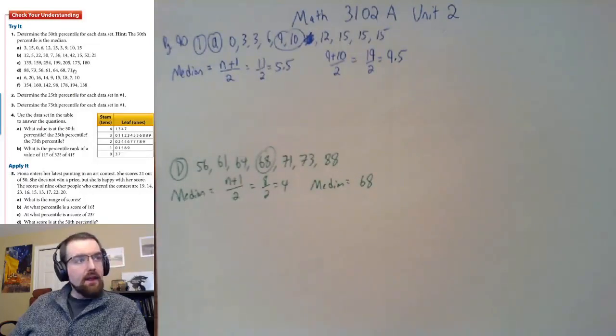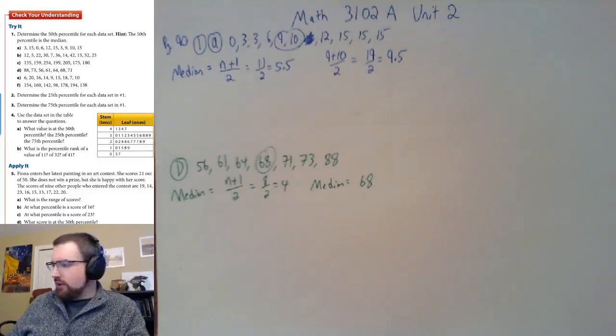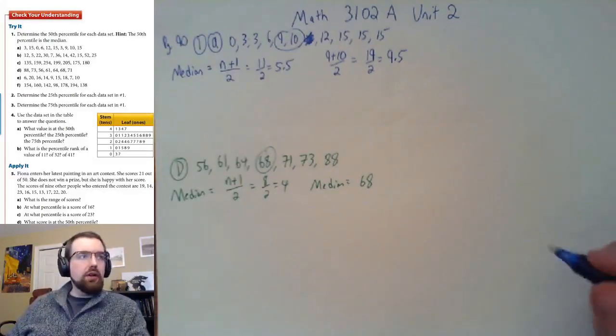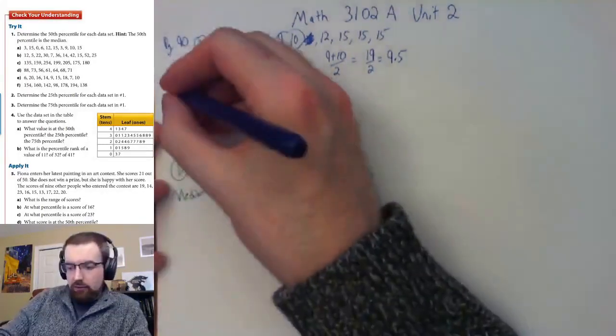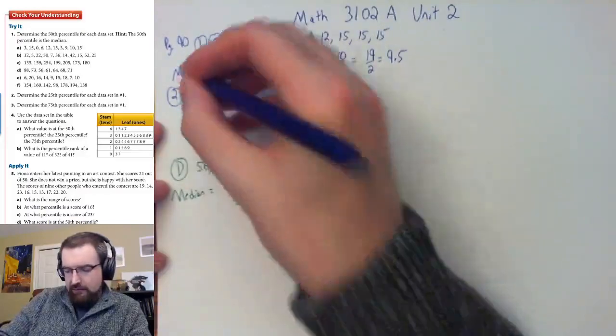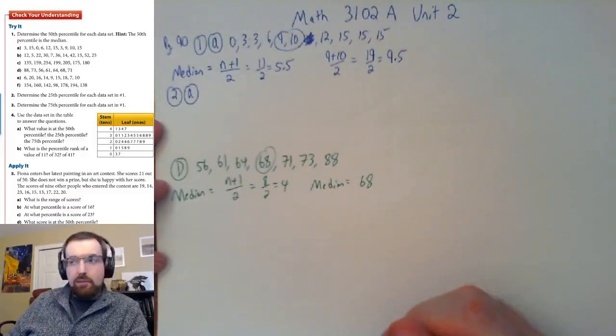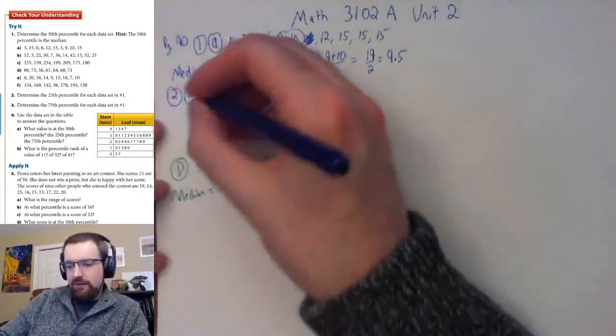Hey, so now I'm going to go ahead and do the second part. So I'm going to go questions 2 and 3, right? So this will be 2 for A. This will be determine the 25th percentile. So how do we determine the 25th percentile?